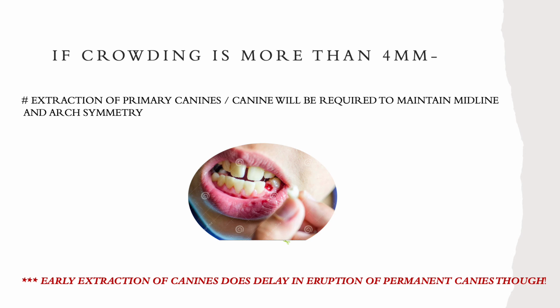But the demerit with this is, when you extract a tooth before time, the eruption of its counterpart is delayed. That means if you extract the primary canines early, this will delay the eruption of permanent canines. So this is one side effect, but in any case, it's inevitable.